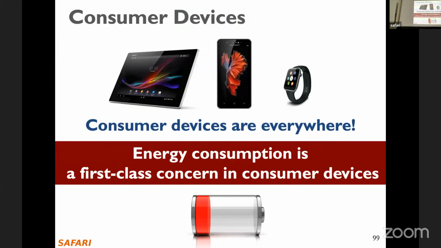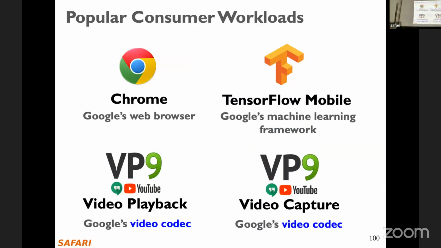So basically, first of all, when you have your mobile device, your Apple Watch, or your iPhone or Samsung phone or your tablet, the battery life or energy that's spent for running something is quite important, right? So you don't want to constantly have to charge your device.